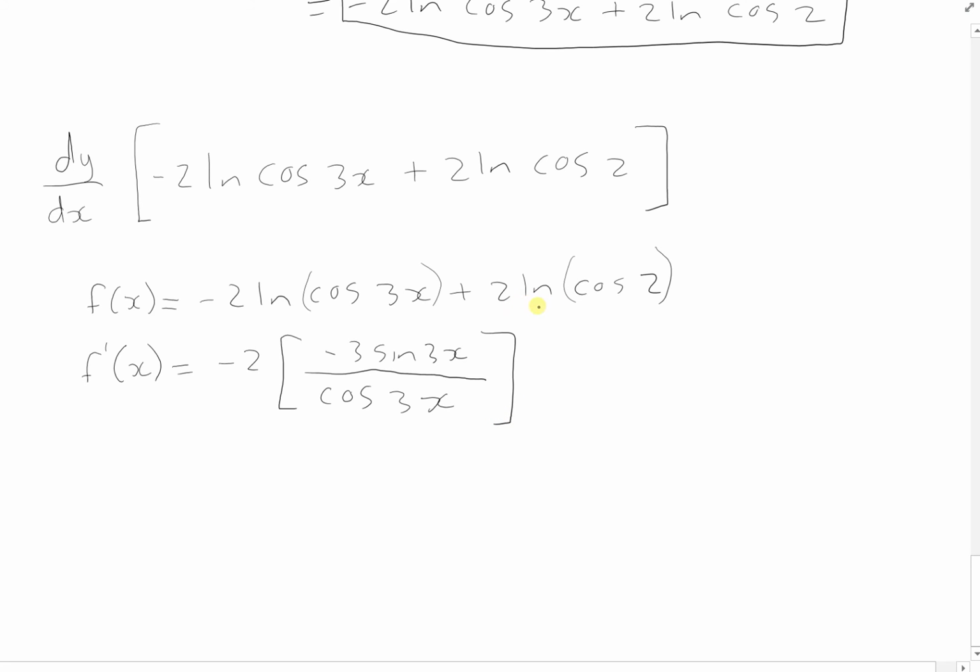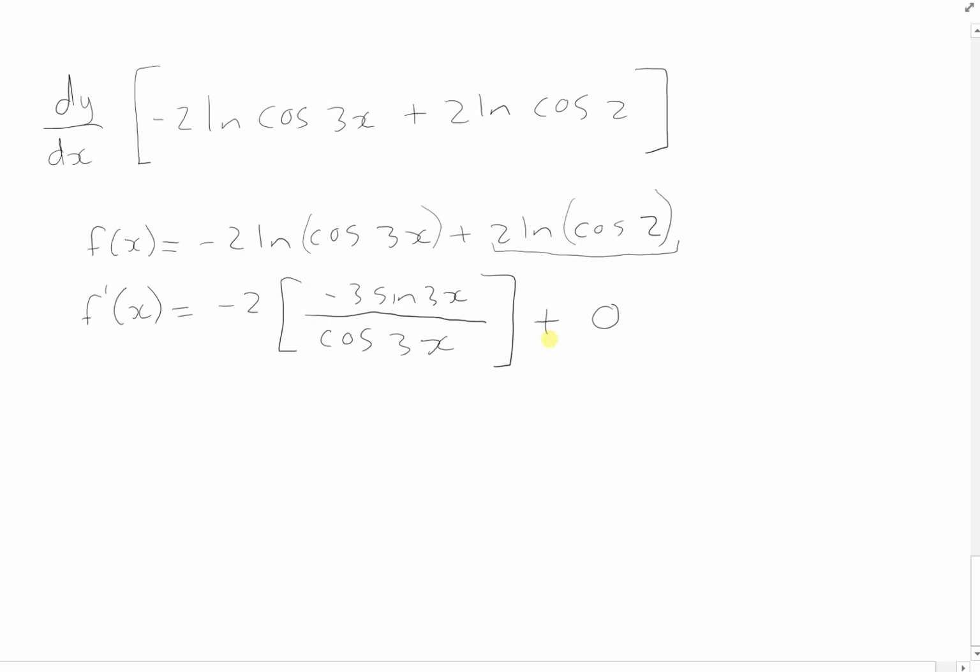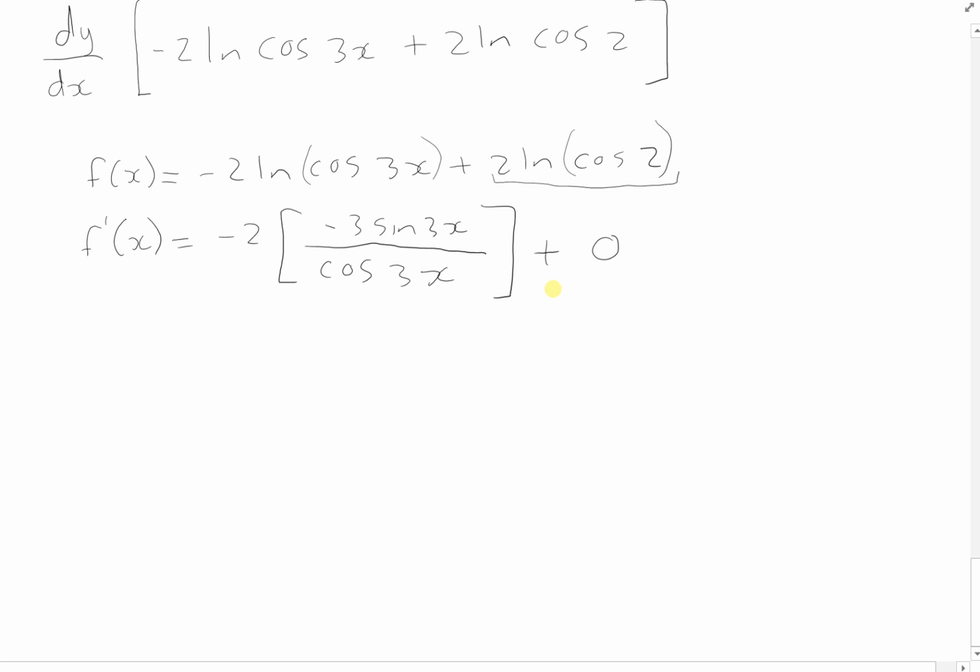And the derivative of ln cosine of 2 is just going to be 0, because it's a constant. Can you see we don't have any x's in there? So that's just going to become a 0. So we don't have negative anymore because they're multiplying each other.